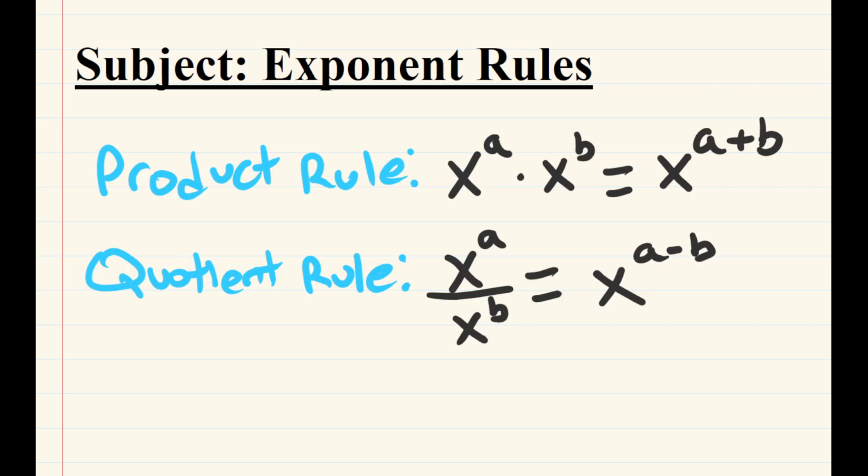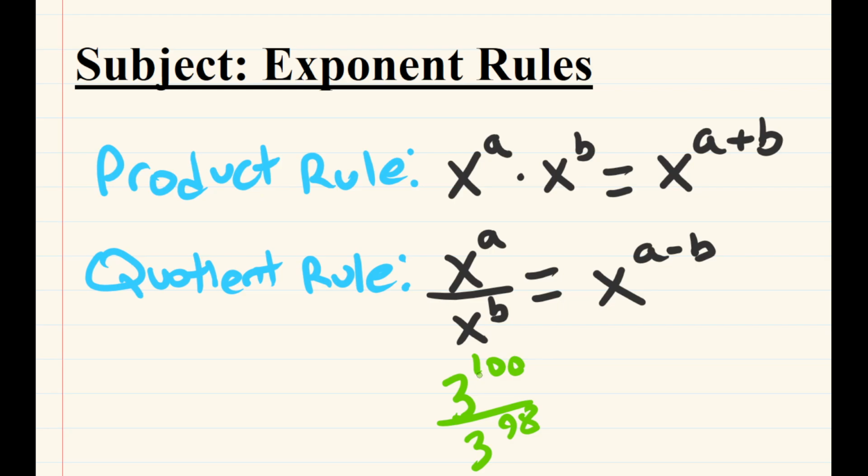So let's do a quick example. Let's say we had 3 to the power of 100 divided by 3 to the power of 98. Now, 3 to the power of 100 is a massive number. I'm not even sure your calculator can calculate that.